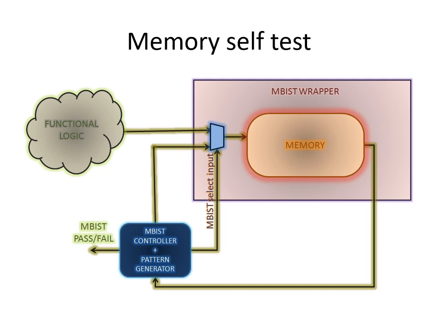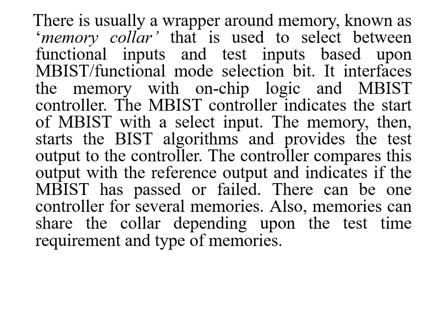The controller then compares this output with a reference output and indicates if the memory built-in self-test has passed or failed. There can be one controller for several memories. Also, the memories can share the collar depending upon the test time requirement and the type of memories. The explanation for the previous block diagram is given in this slide.